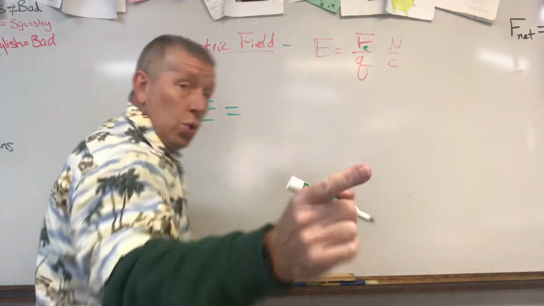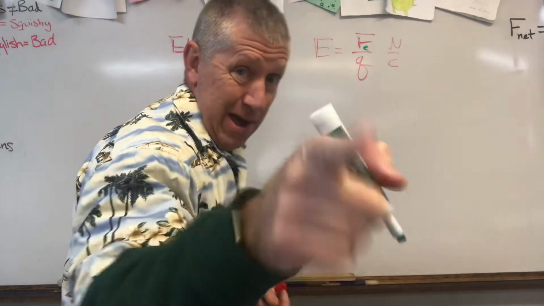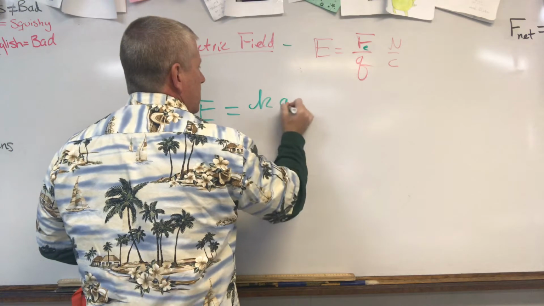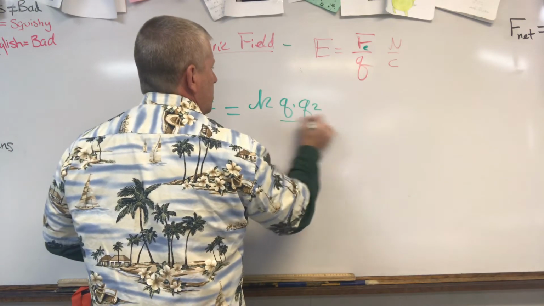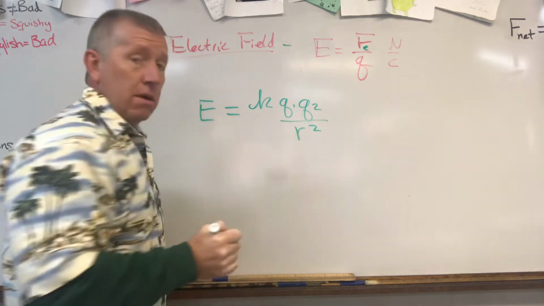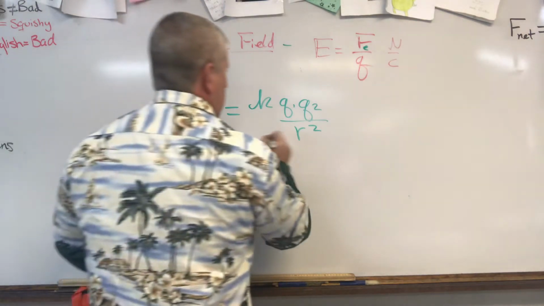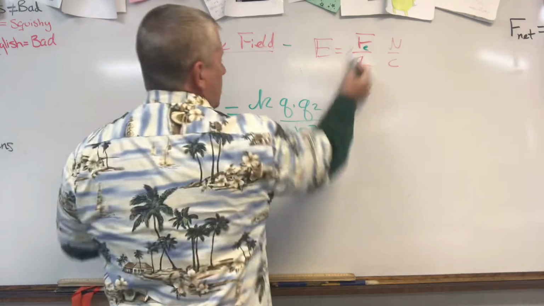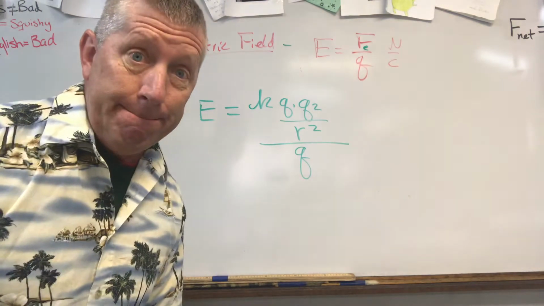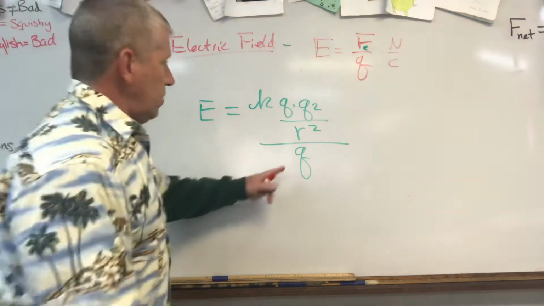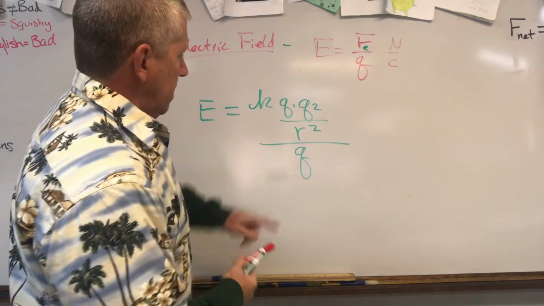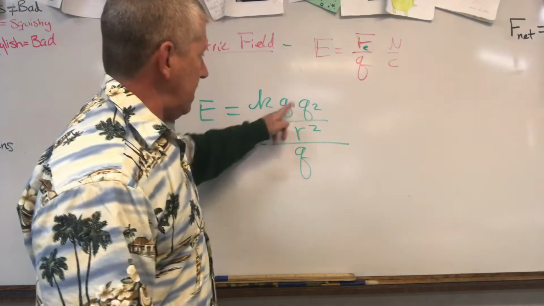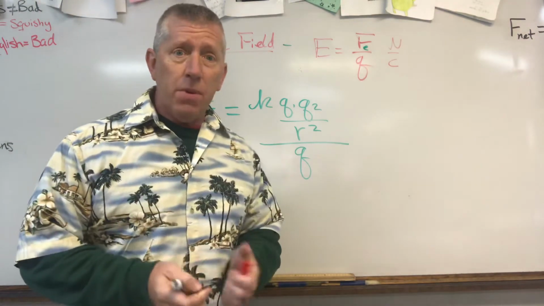If we take our Coulomb's law equation and plug that in, this is going to be equal to K Q1 Q2 over R squared, divided by Q. So I just put Coulomb's law in there. Then look, there's a Q here and a Q up here. If I multiply by the reciprocal, I can see that Q is going to cancel out with one of these Q's. Which one? I'm so excited.